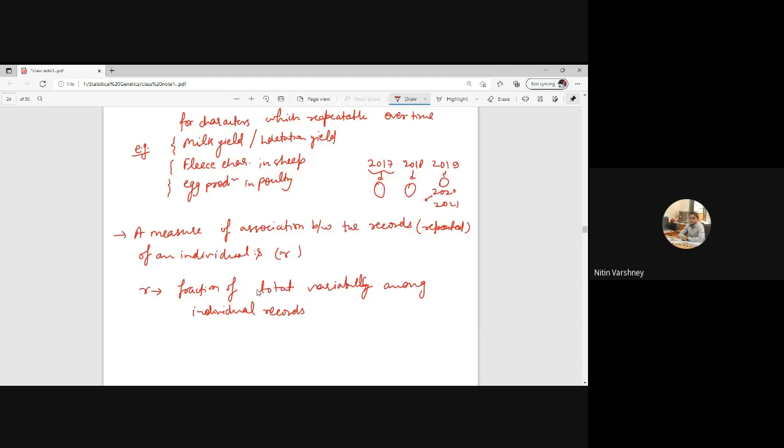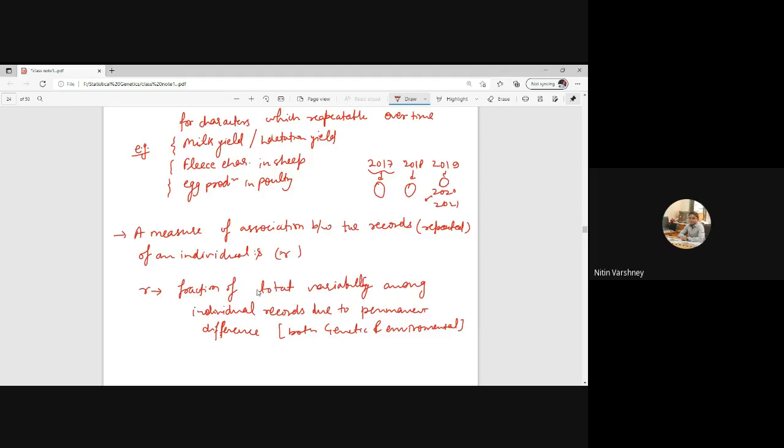Please ignore if the spellings are mistaken. So the repeatability coefficient R is the association between repeated records. Small r is the fraction of total variability among individual records due to permanent difference. That difference can be both genetic or environmental.